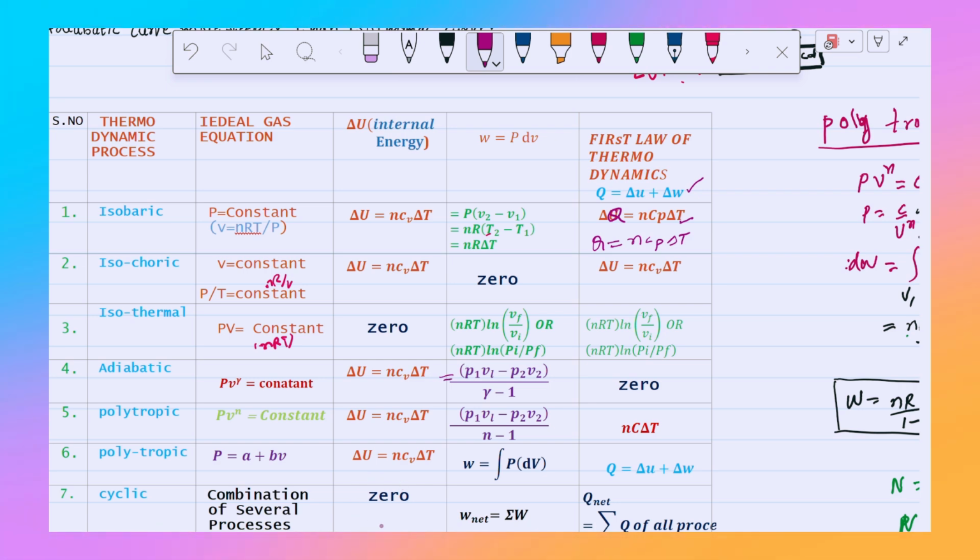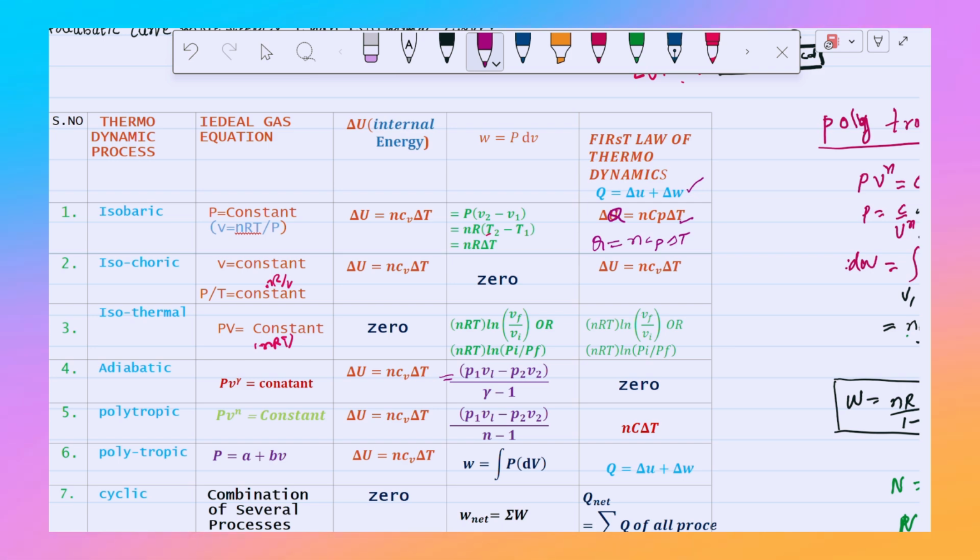So in cyclic process dU is equal to 0. That means net work done is equal to the sum of all work done in the cyclic process in the given graph, and Q net is also the sum of the Q of all processes.